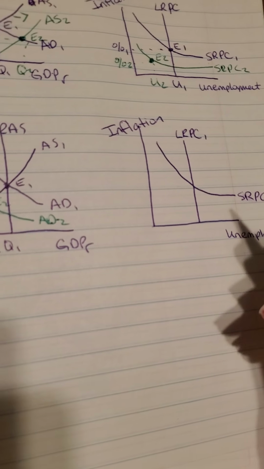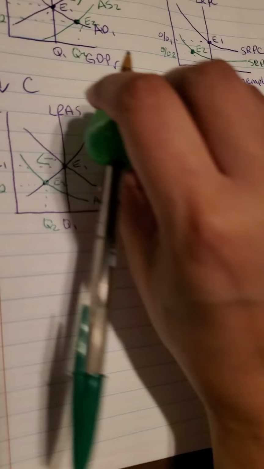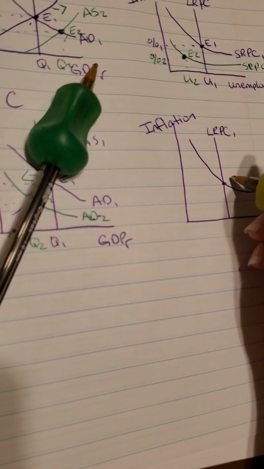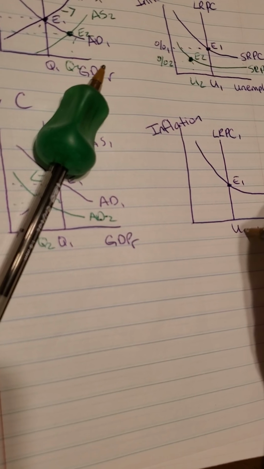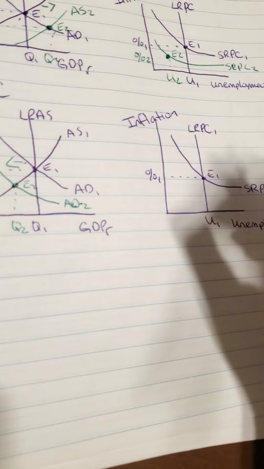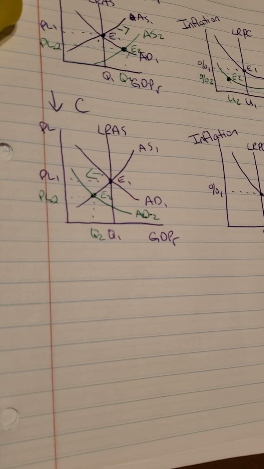So we move over here to our Phillips curve. We're saying that price level has increased. Oops, I did not label my points. Sorry about that. E1, U1, percentage 1. Okay, so again, price level has decreased.